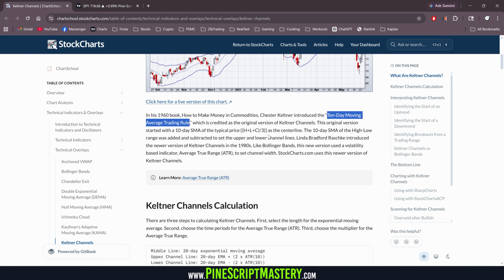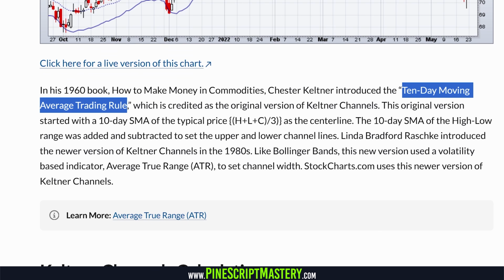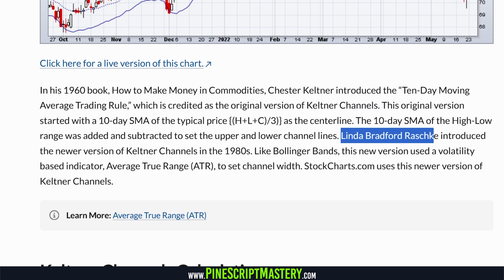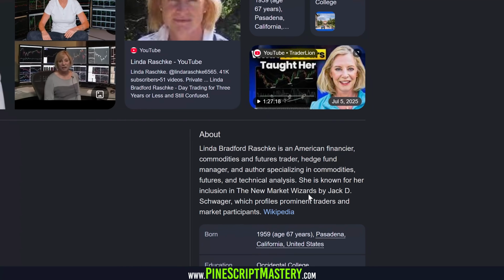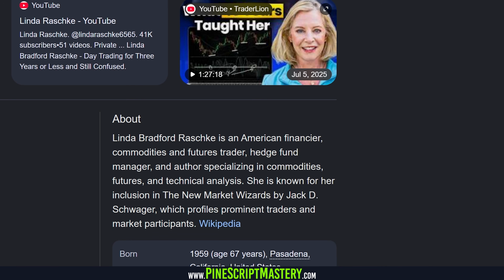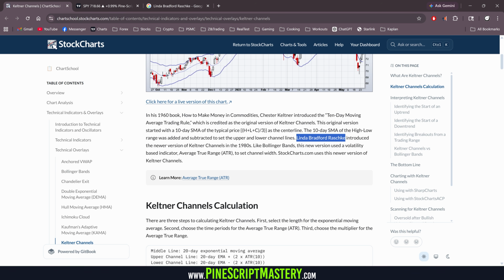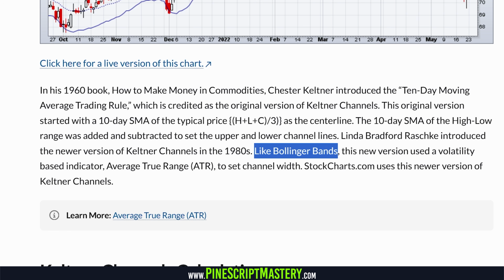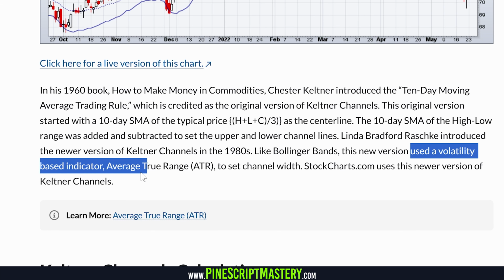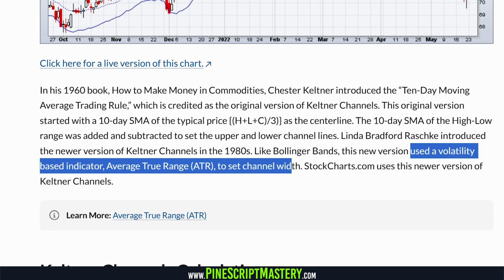The modern day interpretation of Keltner channels is from Linda Raschke, who was featured in Jack Schwager's New Market Wizards book. Back in the 80s, she invented an alternative version of Keltner channels, which, like Bollinger Bands, uses a volatility-based indicator, the ATR, to set channel width.